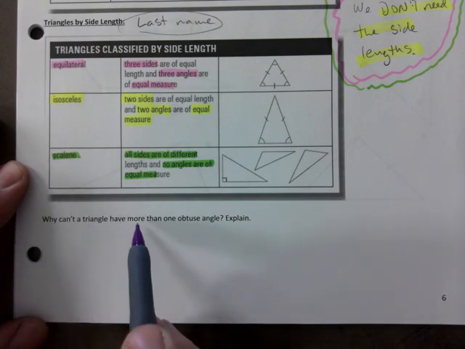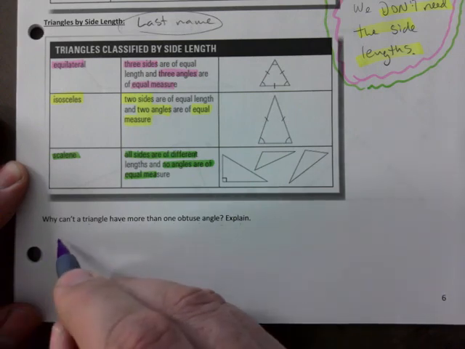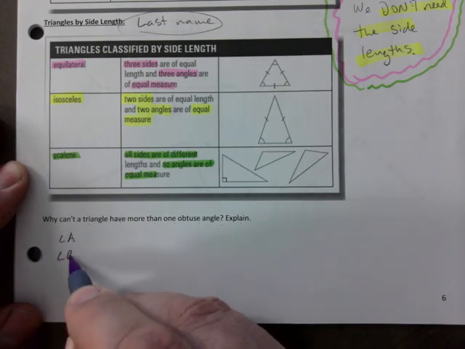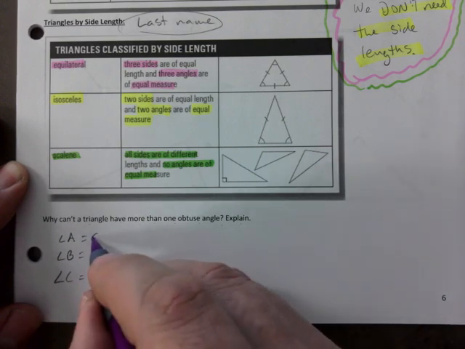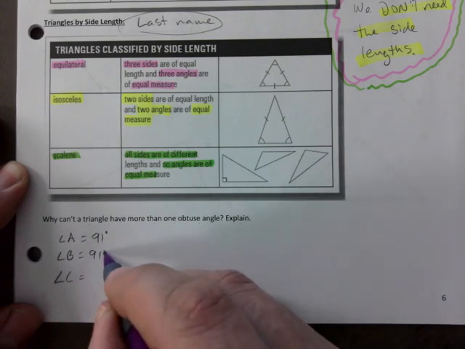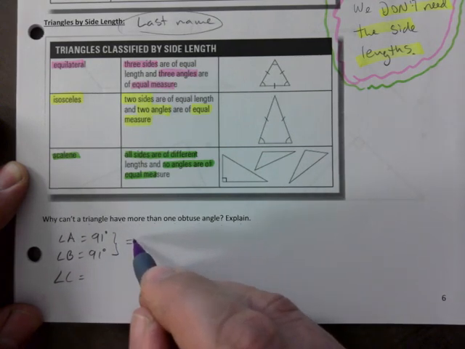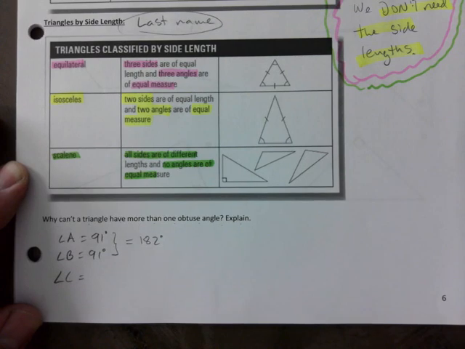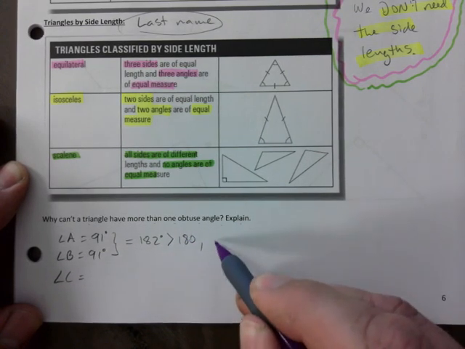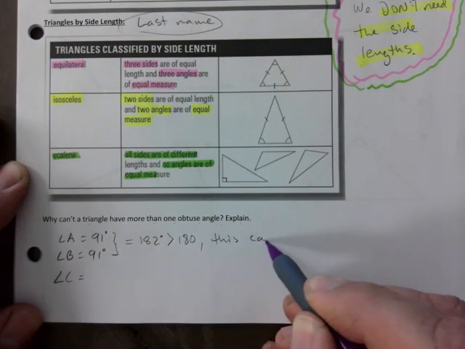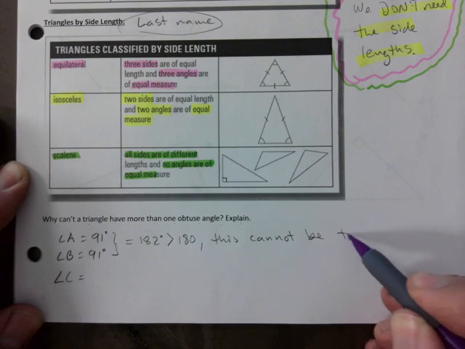Why can't a triangle have more than one obtuse angle? Explain. Let's say you have angle A, angle B, and angle C. If this is 91 and this is 91, because they're both obtuse, this is already 182 degrees, which is greater than 180. This cannot be true.